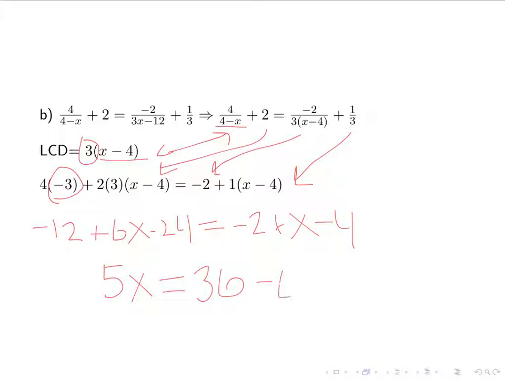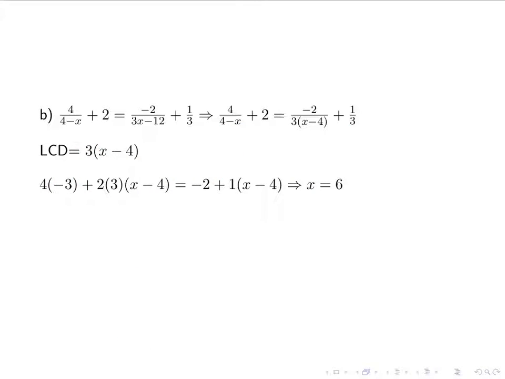On the right-hand side, we have a negative 6, so 5x equals 30, and that will give us x equals 6. Again, we want to check: does that make our LCD 0? So we have 3 times 6 minus 4, not 0, I'm good. Again, I should check that 6 actually works, and you should always do that, especially on the test. But I'm going to just tell you right now that I've done it beforehand, and 6 is the actual solution.